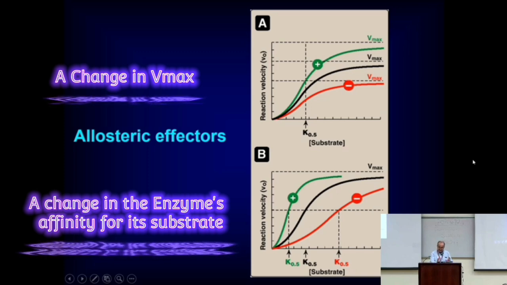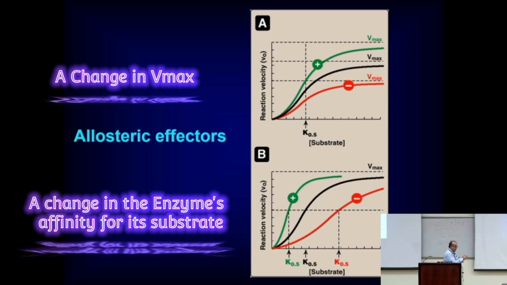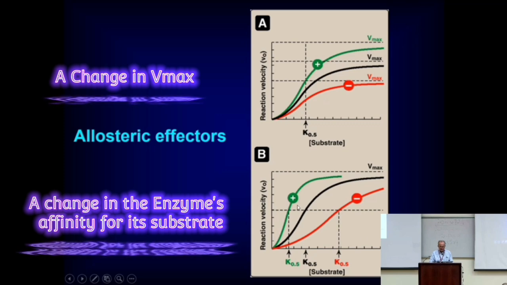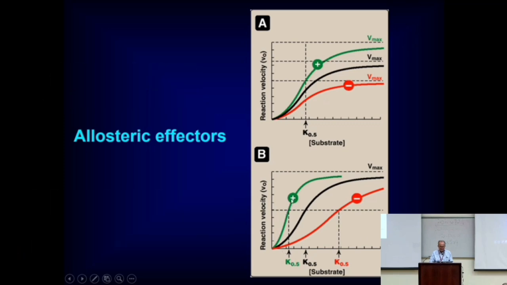Okay? That's all we're going to say about allosteric enzymes. But I want you to appreciate all allosteric enzymes will have an S-shaped curve, very different from the Michaelis-Menten curve, and these are the ways their activity is changed, either changing Vmax or changing the amount of substrate needed for that enzyme to work, reducing it by shifting to the left or increasing it by shifting to the right.